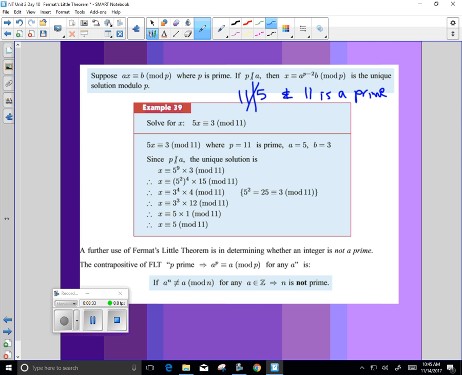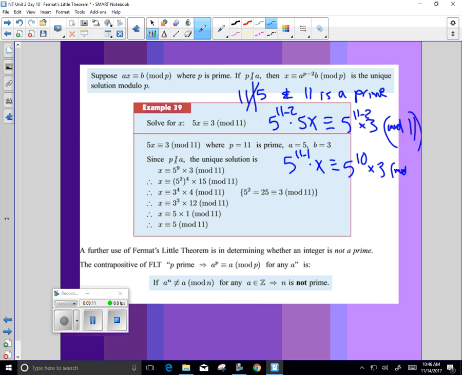Therefore, we can say 5 to the 11 minus 2 times 5x is congruent to 5 to the 11 minus 2 times 3 mod 11. And then this is going to be 5 to the 11 minus 1 times x is congruent to 5 to the 10 times 3 mod 11.